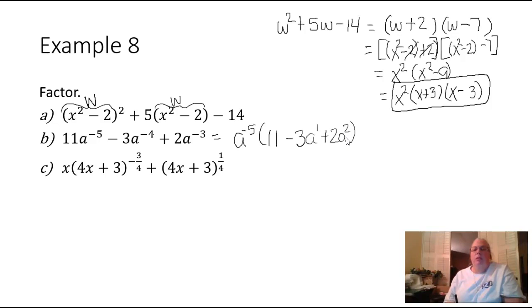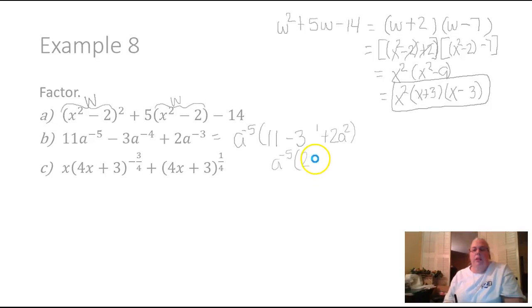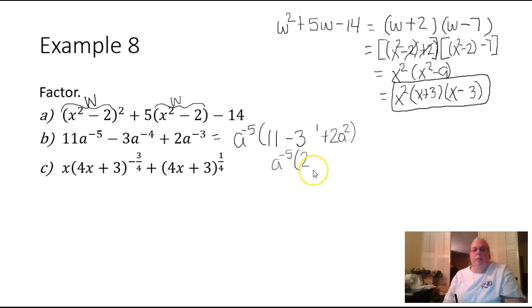So what we really want to do is factor this trinomial, which is 2a squared minus 3a plus 11. All right, so I need to multiply 2 times 11. That's going to give me 22.